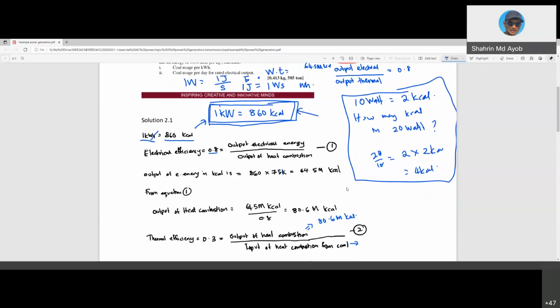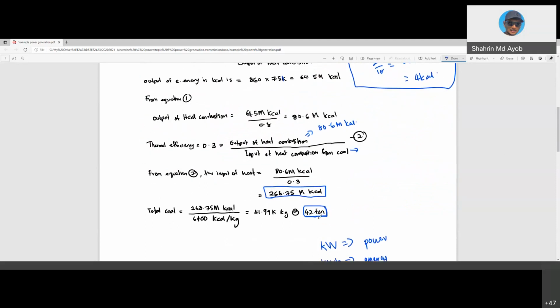So 42K kilogram is actually the amount of coal that needs to be burned to produce 75 megawatt hour. But since we are only taking 1 hour, you can just write 75 megawatt. You can cancel the hour.